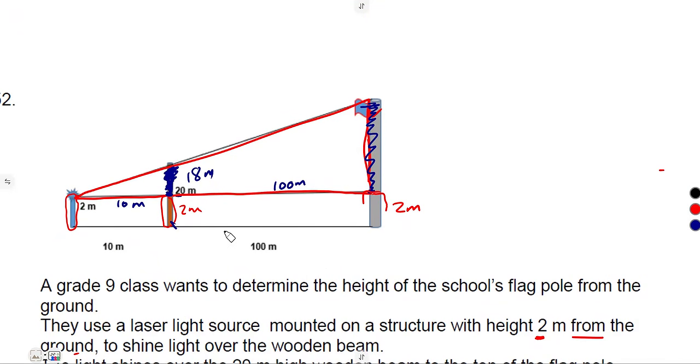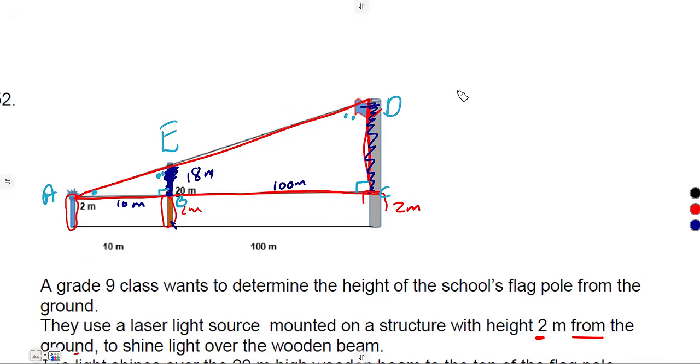Let's just call this A, B, C, D, E. A is going to be a common angle. Then at B, it is 90 degrees. At E, it is 90 degrees. The angle at E is the same as the angle at D that is remaining. So those are similar triangles, by just looking at the diagram.